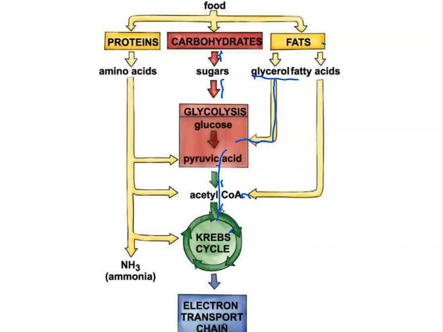You can even digest proteins if you like, although your body absolutely hates to do that for 2 reasons. Number 1, we need the amino acids to build up our own proteins. And also we have the amino end to deal with, which then generates ammonia, and it's sort of difficult for your body to take care of. It will be excreted with the urine, but your body really doesn't like to do this. But anyway, it's possible.